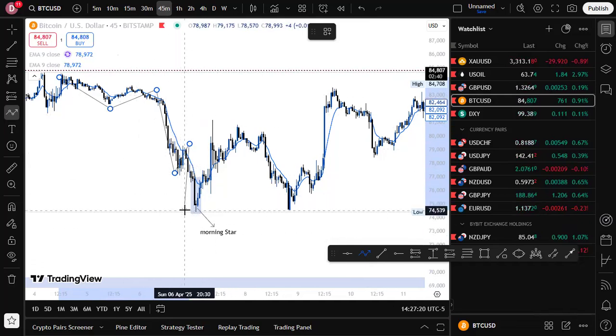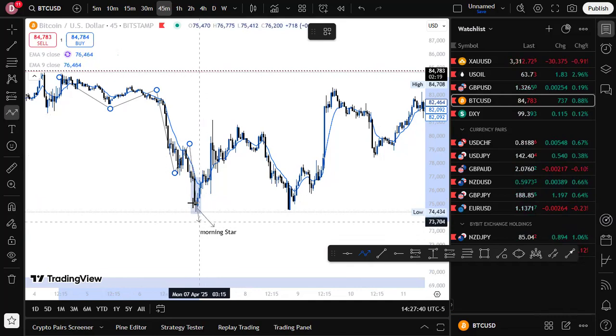So let's give a definition again about this morning star. A morning star candlestick pattern is a bullish reversal pattern. It mostly occurs at the bottom of a downtrend and consists of three candlesticks. So we say it's a bullish reversal pattern, meaning that if the market was coming down and this morning star candlestick pattern forms, it means that a reversal might happen in the market.